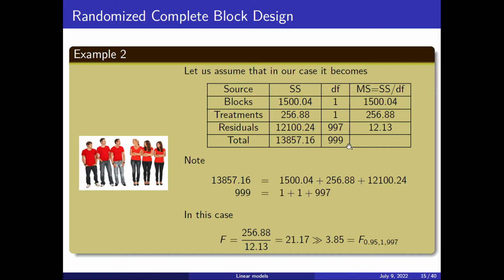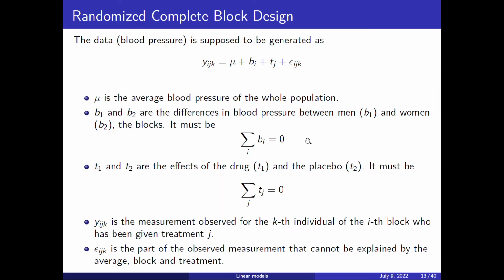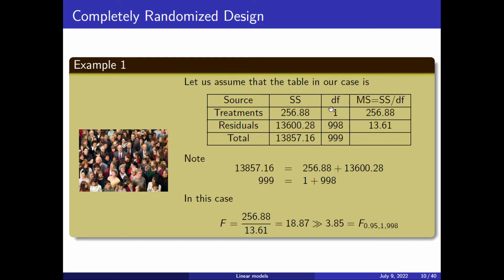So that means that, for instance, let's say that we have identified that men and women have different blood pressures. So our block now will be sex or gender, and we have the same overall sum of squares, and the treatments explain exactly the same. So if you compare these two numbers to these numbers here, they're exactly the same.